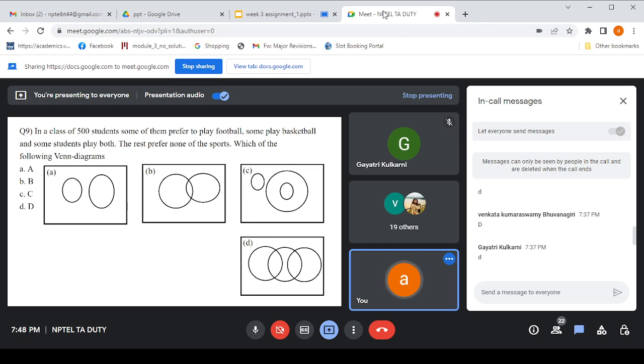I request everyone to please respond to this particular question, whichever you feel is right, please answer. Hello, am I audible? Hello, am I audible? Yes, ma'am. So please kindly respond to this question. What is the answer? There are four diagrams. So as per your decision, what will be the correct answer?